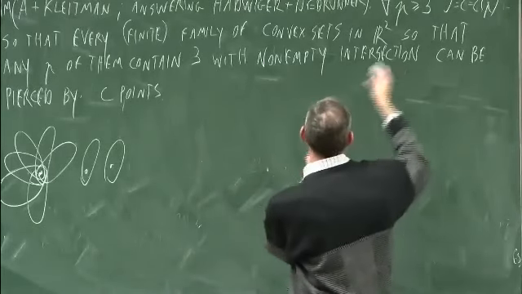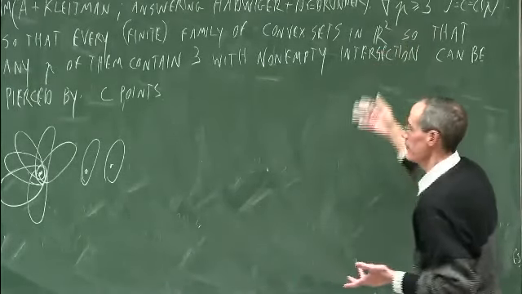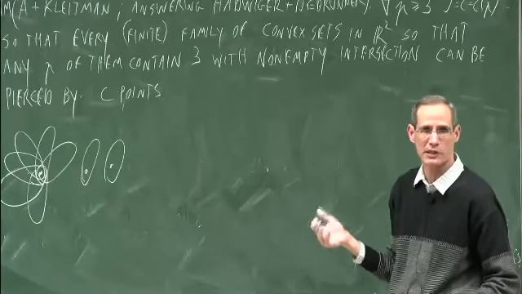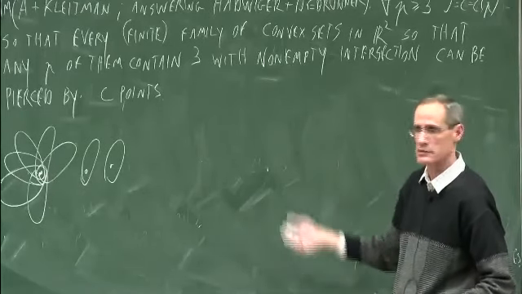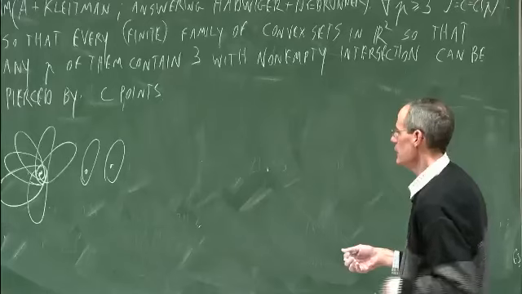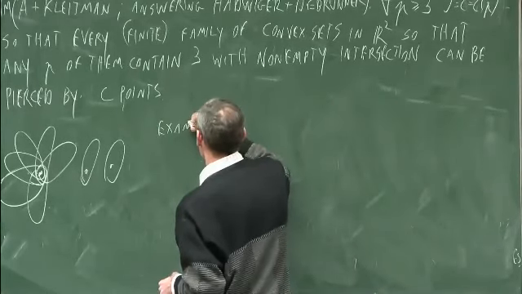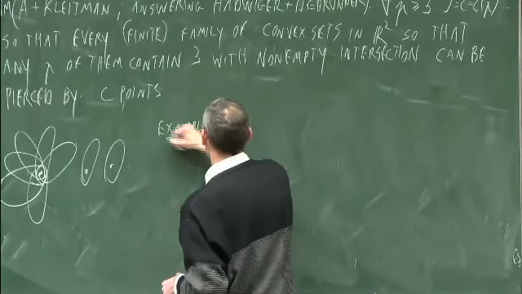Helly's theorem is the case p equals 3. If every 3 have a common intersection, then all of them have a common intersection. And this says this is an extension. And actually, for this, a typical example, here is an example.